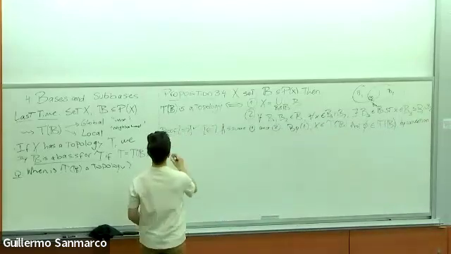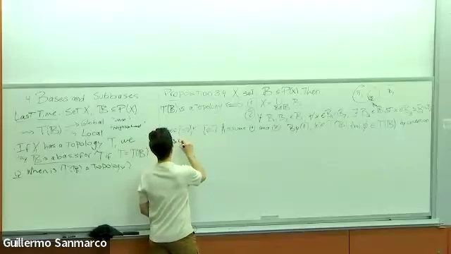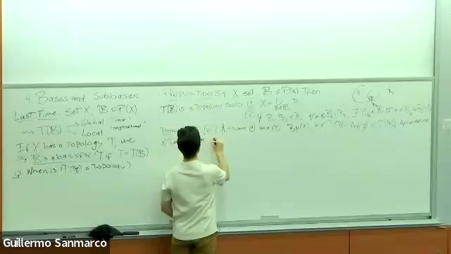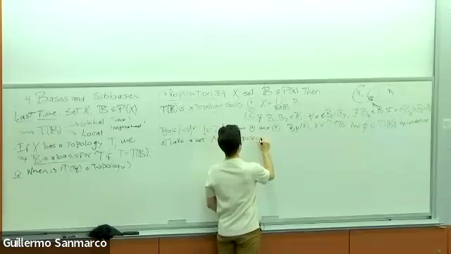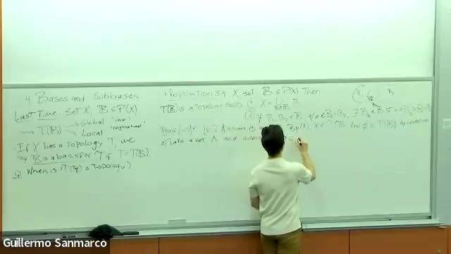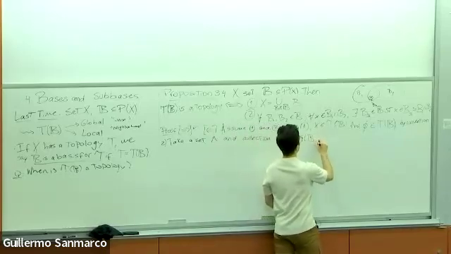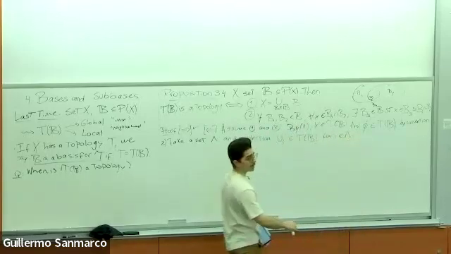Part 2 of the axioms, we need to take a set of indices, let's call it lambda, and a collection, let's call them U_i in T of B for all i in our index set lambda.